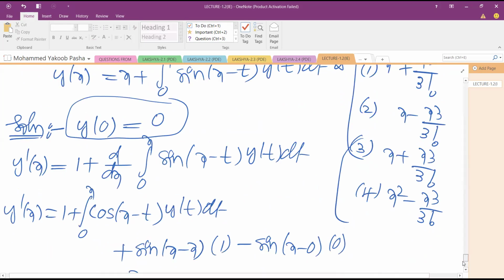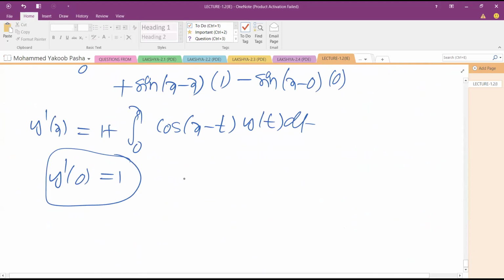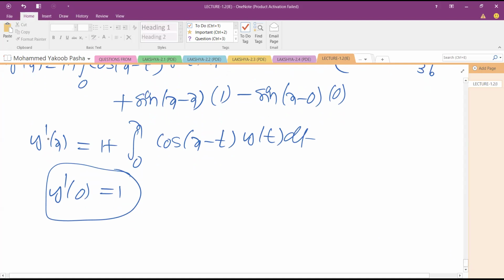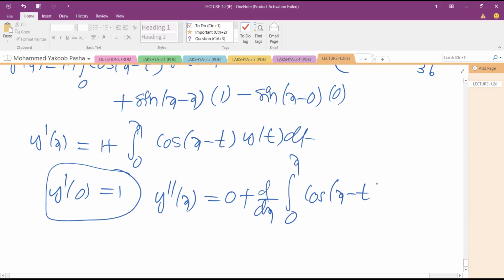Now, again differentiate with respect to x. First, I am differentiating this y dash of x to get y double dash of x. The constant derivative is 0. Again, d/dx of integral 0 to x cos(x minus t) y of t dt.